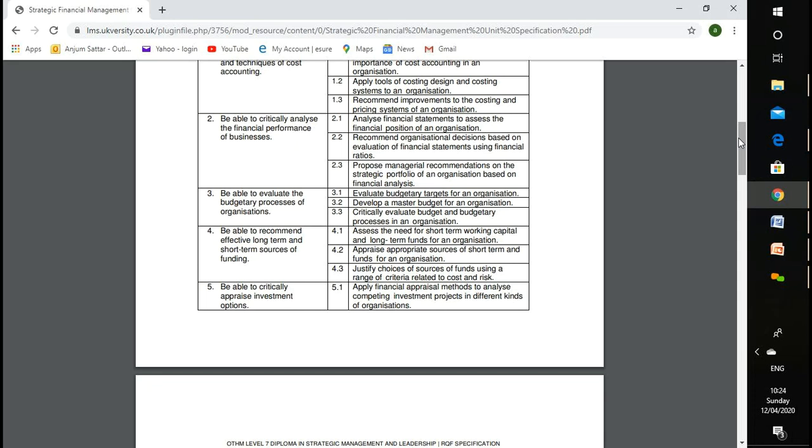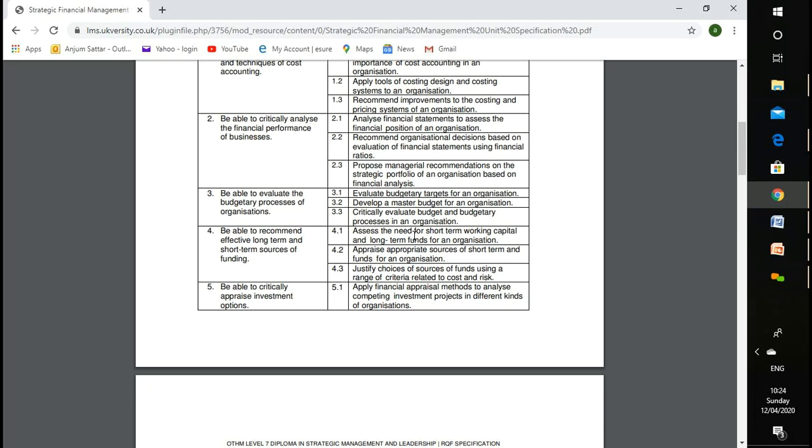So in lesson 4 today, we'll discuss different sources of funding. We have 3 assessment criteria. First, assess the need for short-term working capital: why we need short-term working capital in a business.